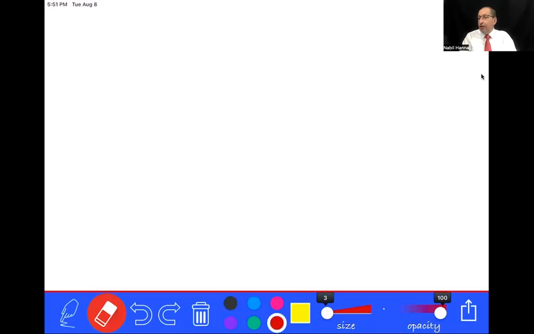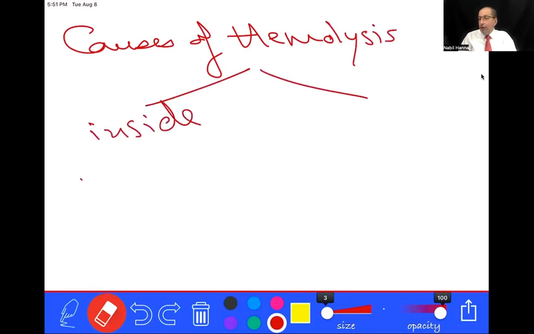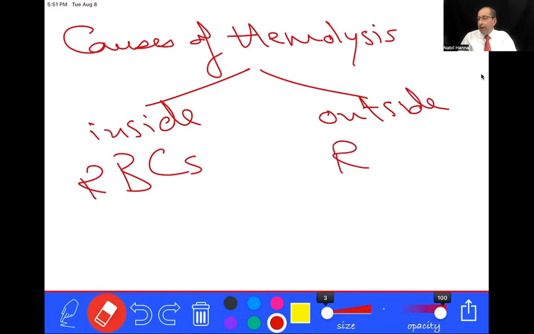So now we're going to talk about causes of hemolysis. So it's either something inside the red blood cells or something outside the red blood cells. These are the causes of hemolysis.